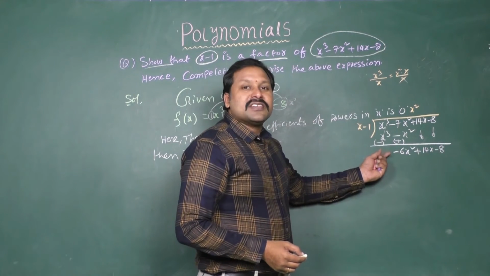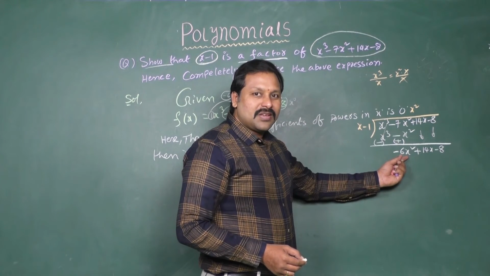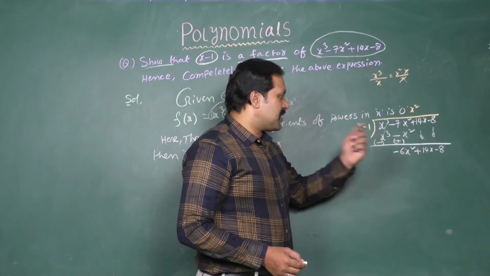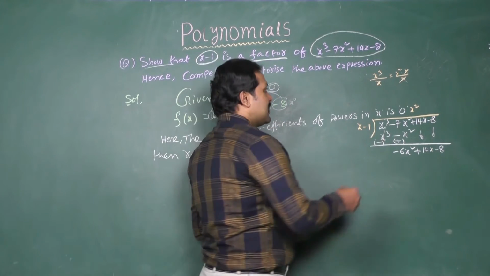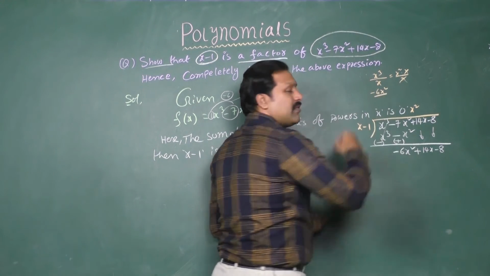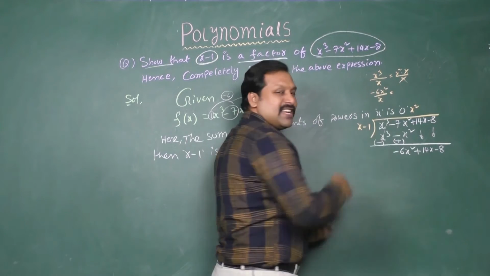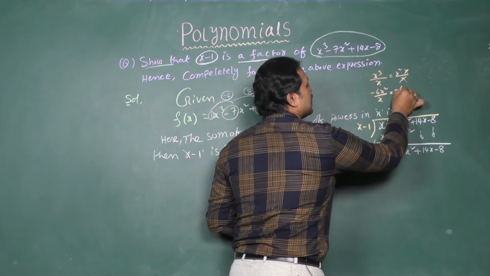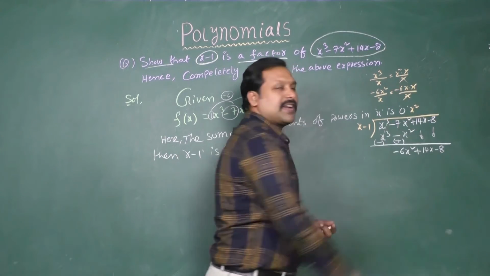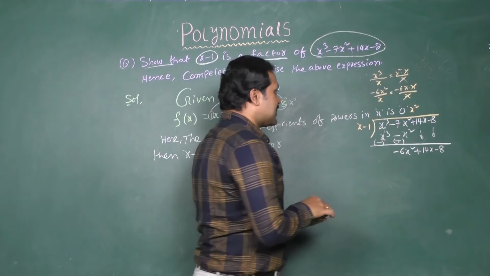Now again the same procedure. Take the first term of the obtained remainder, which is minus 6x square. Minus 6x square divided by the first term of the divisor x. Minus 6x square can be written as minus 6 into x, divided by x. X gets cancelled. Then how many times? Minus 6x times.